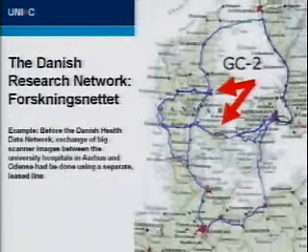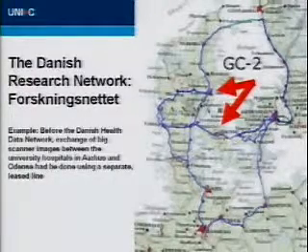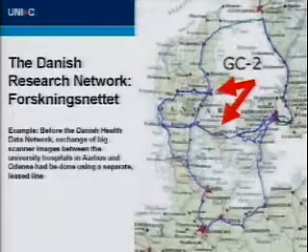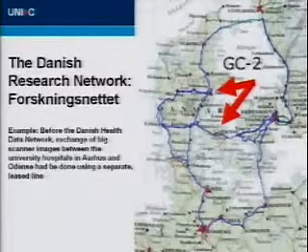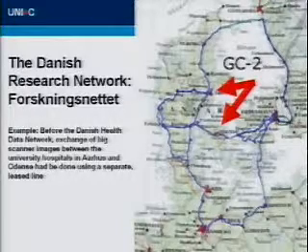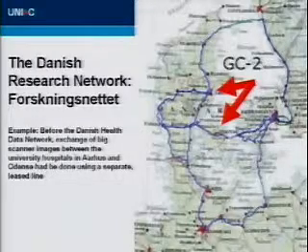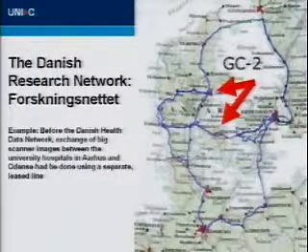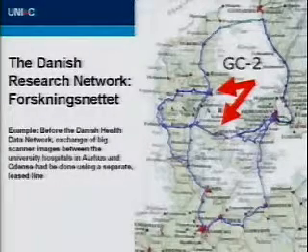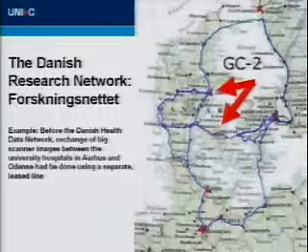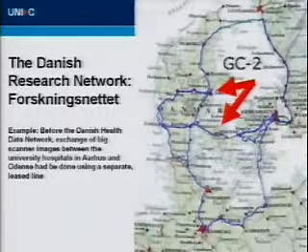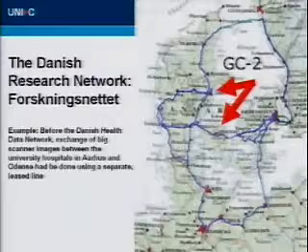And let's have a look at the situation. You see the blurry thing up there is Denmark, and the blue lines are an approximation of the fibers that make up the Danish research network. And back in the old days, before we had this Danish healthcare network, if, for instance, the hospital at the University of Odense in the middle of the picture wanted to exchange X-ray images with the University of Aarhus, they had to make some kind of special, the red one, actually they had a fiber connection.